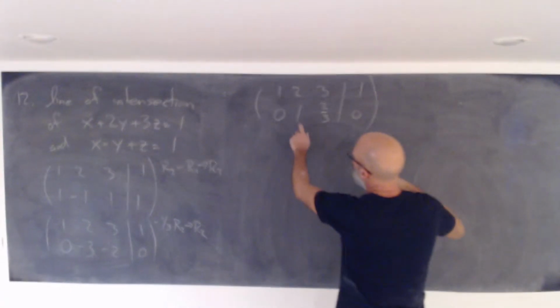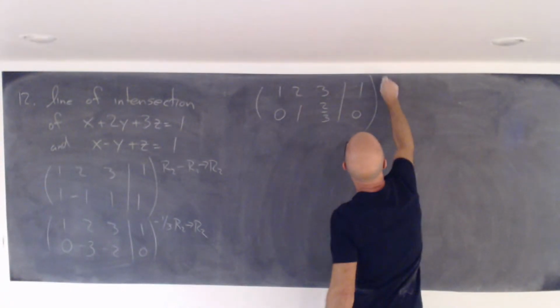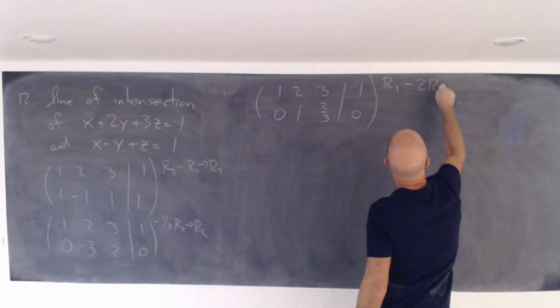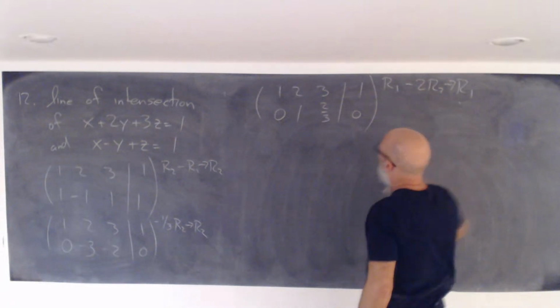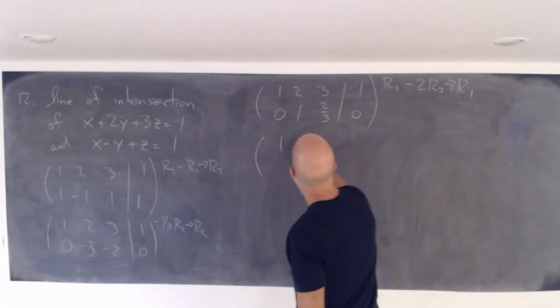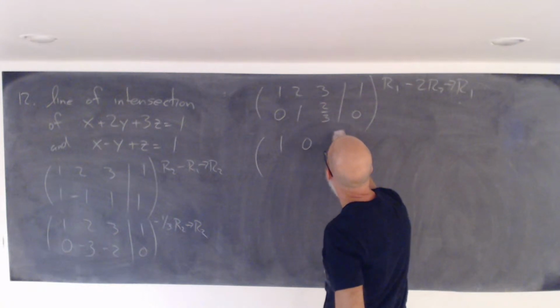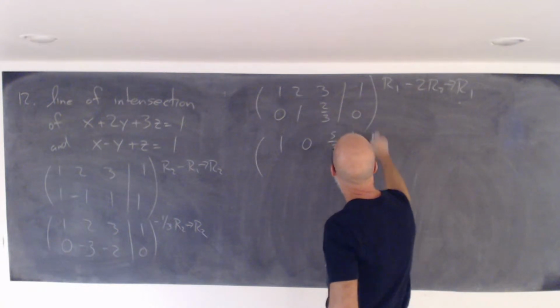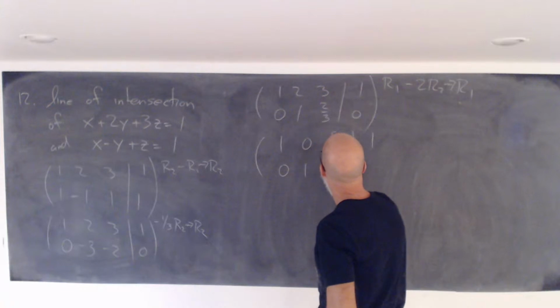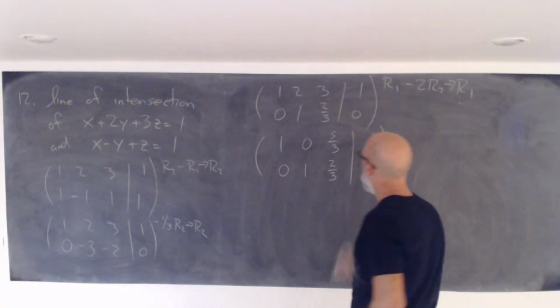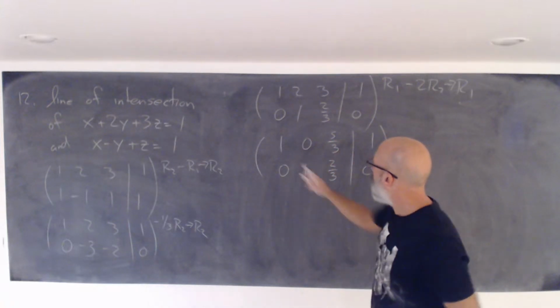And finally, use this one to get rid of that 2. Row 1 minus 2 row 2 for row 1. So this minus 2. So 9 minus 4 is 5. And there you have it.